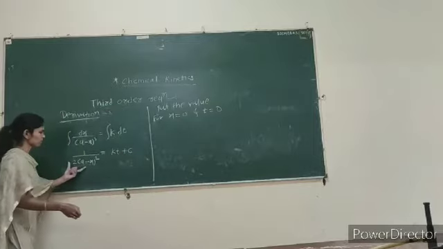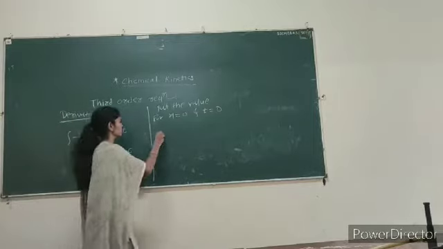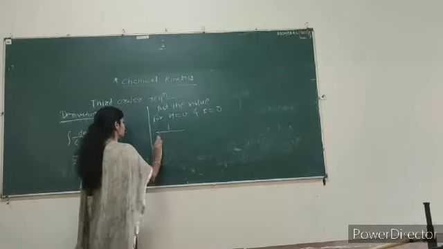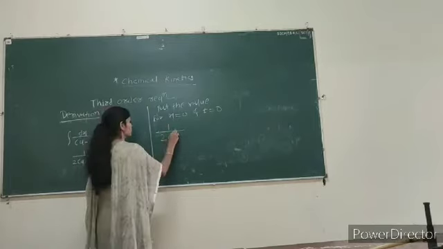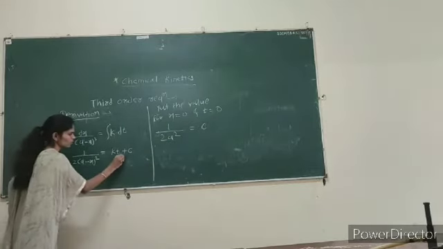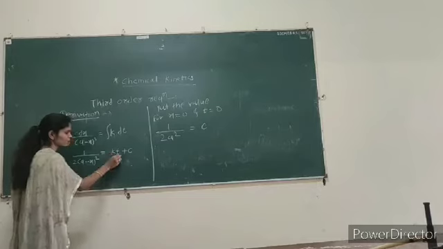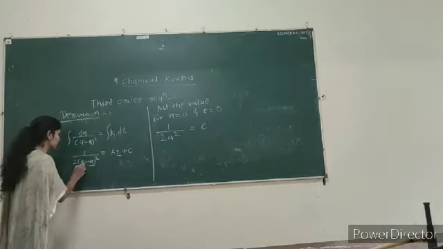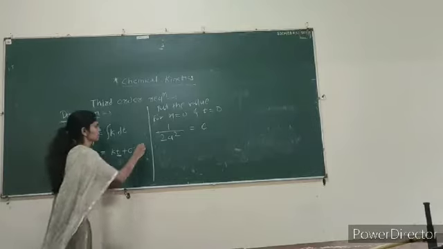Therefore 1 upon 2a squared is equal to c, because kt is 0 and x is 0.